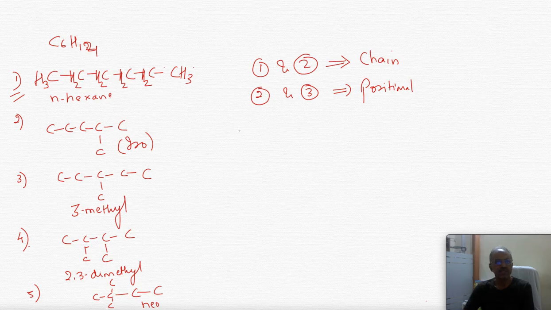Now I will see 1 and 3. 1 and 3 will show chain isomerism, right?